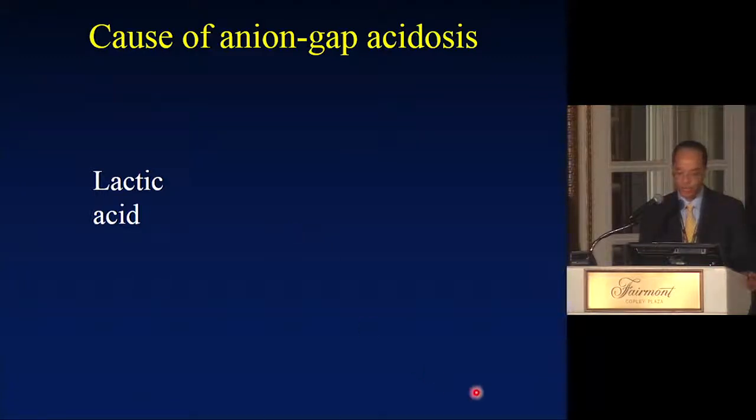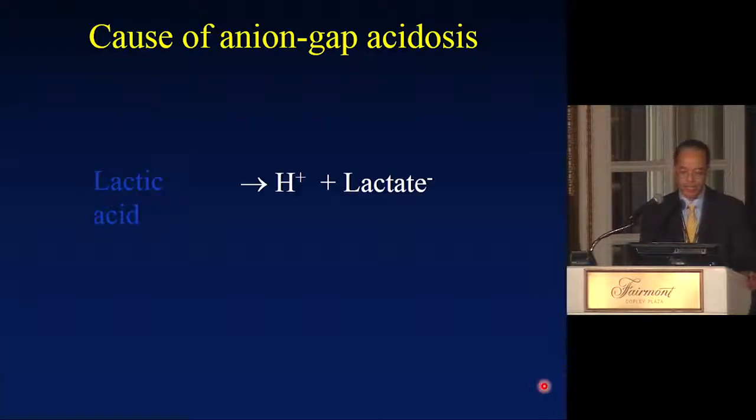Okay, so what is this anion gap and how does it work? To give an example, consider a patient who's developed lactic acidosis, which is the quintessential anion gap acidosis. So what's lactic acid? Lactic acid is hydrogen ions, so that's the acid part, and lactate anions.